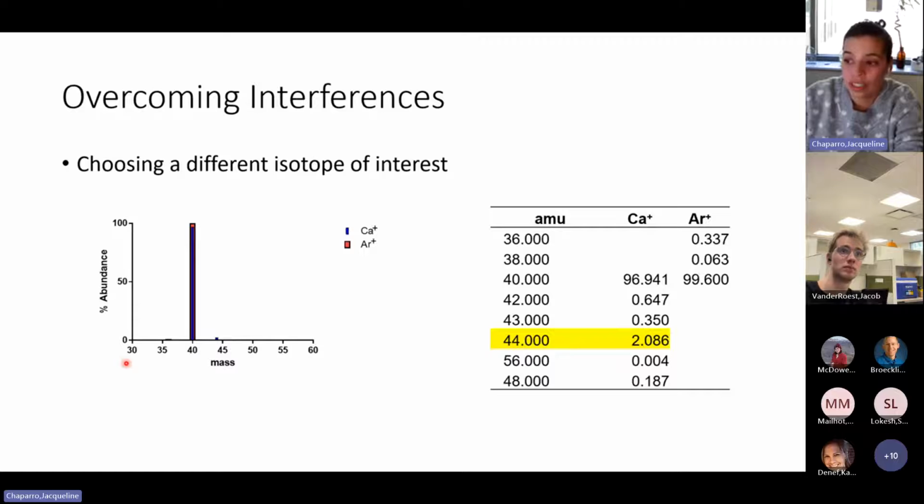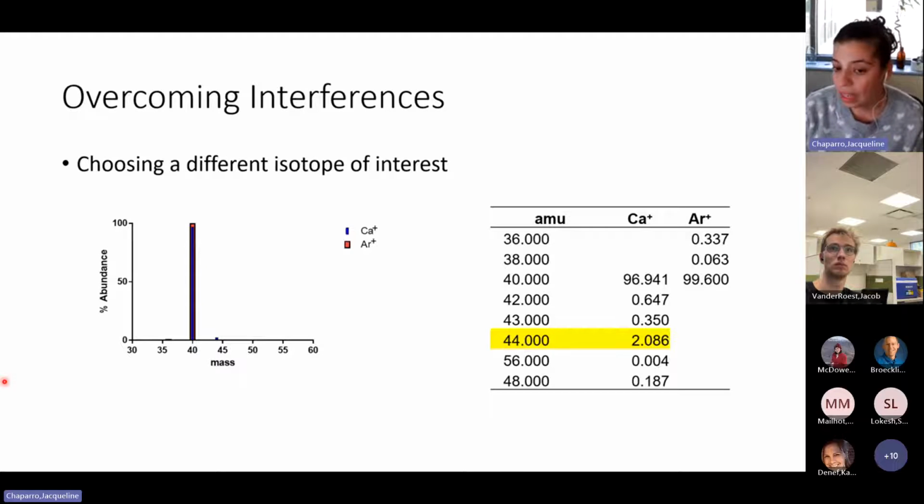And so what you can do is say, well, okay, I know calcium 40 is interfered with by argon, but I could potentially measure a calcium isotope at M/Z 44, and then I don't have any interference there. Granted, that is a lower percentage in abundance, so that might affect your limits of detection again, but it is one of the ways that you can overcome this interference.